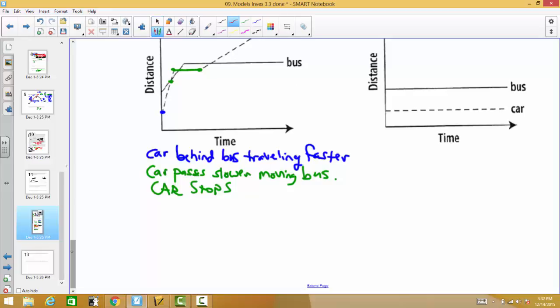So while the car is stopped, the bus, right here, at its steady pace, passes the car. Then the bus stops at a very similar place to the car. And then the car continues at a slower pace. This is steeper, so this is the fastest spot.